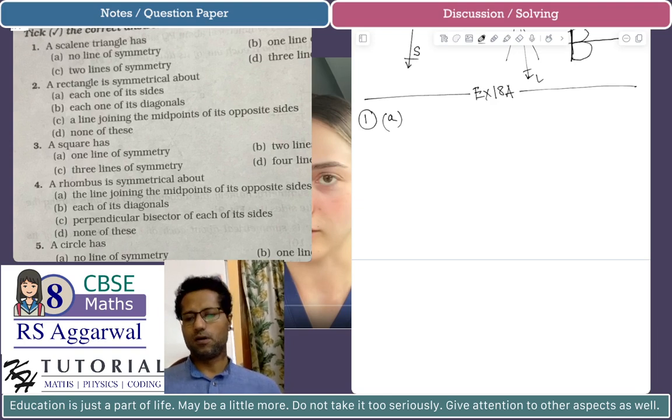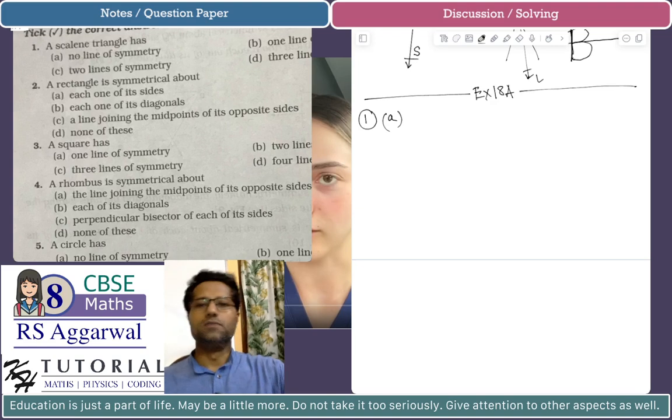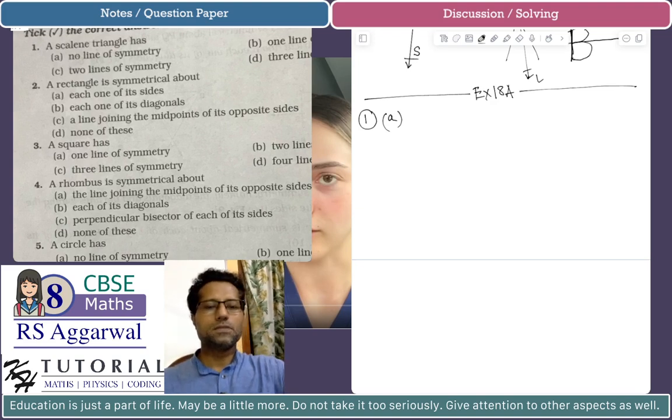There is no regularity of its shape. It is very irregular shape. You cannot draw a line so that a scalene triangle will look identical on both sides of that line. So a scalene triangle has no line of symmetry.